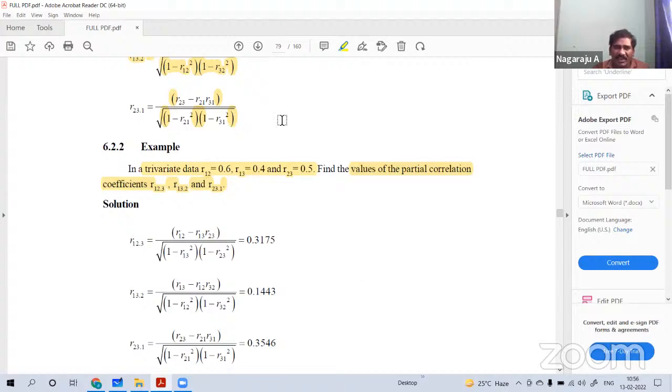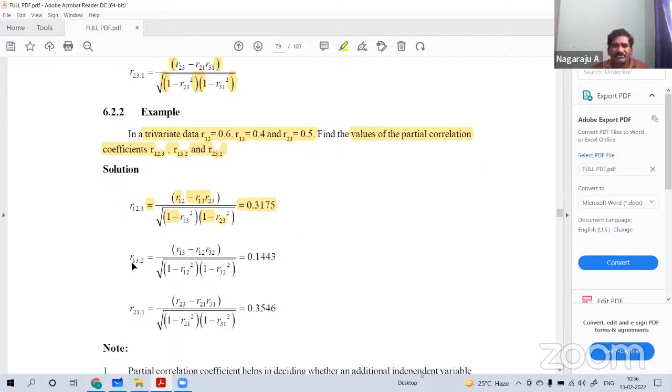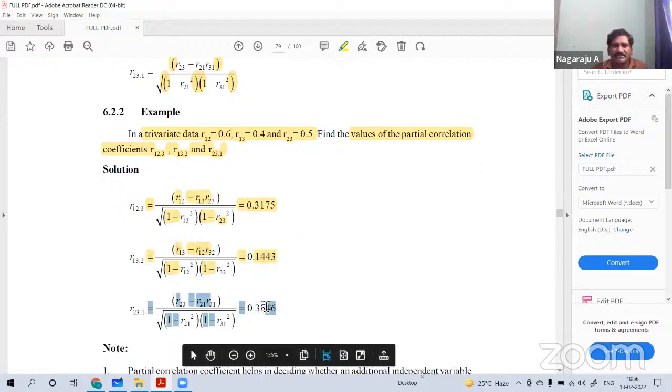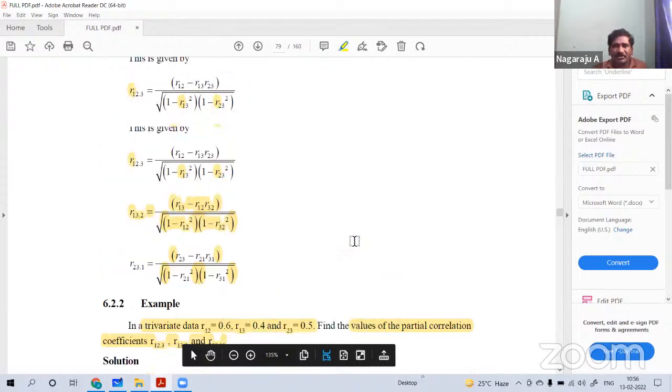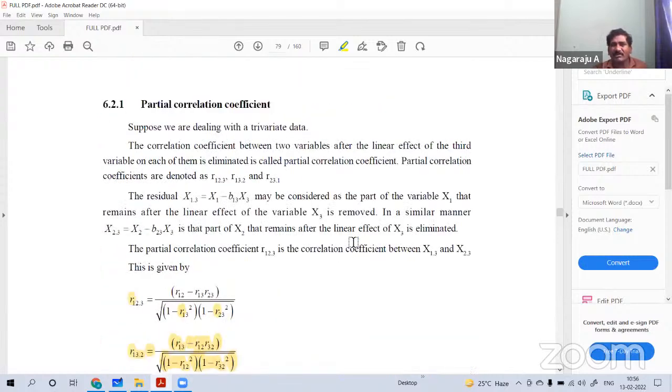Partial correlation coefficients: just now we have given the formula. If we substitute in that, it is enough. So this is r13, r23. These are called your partial correlation coefficients. The derivation is not required, but the derivation involves how one variable depends on other variables. If the independent variables change, the dependent variable will automatically change.